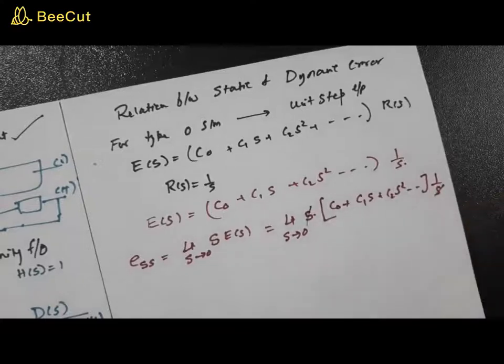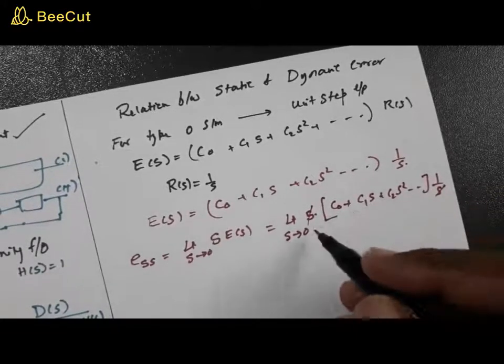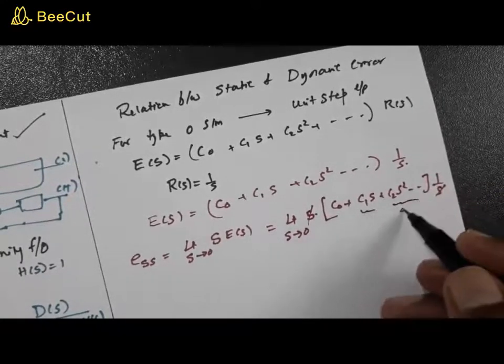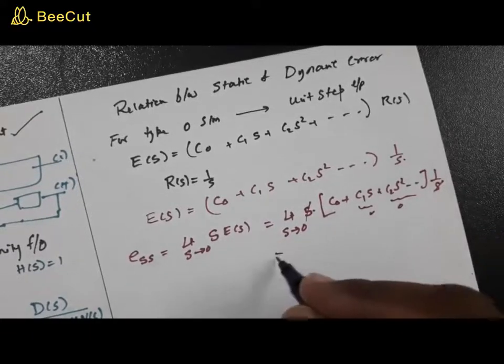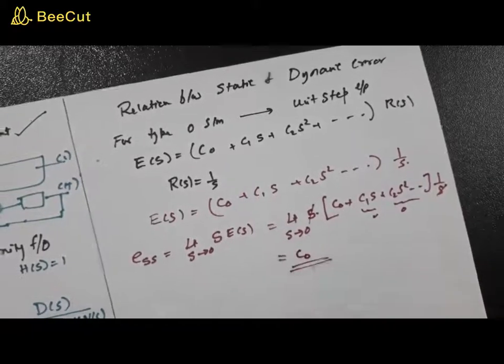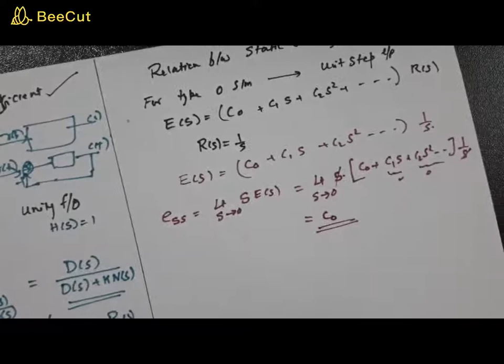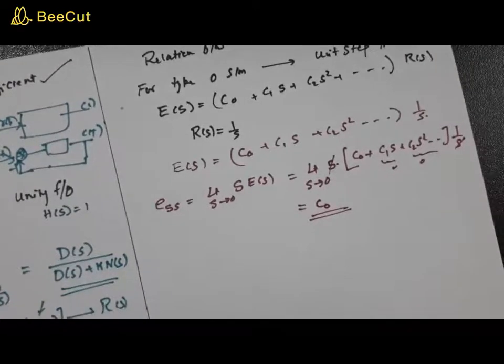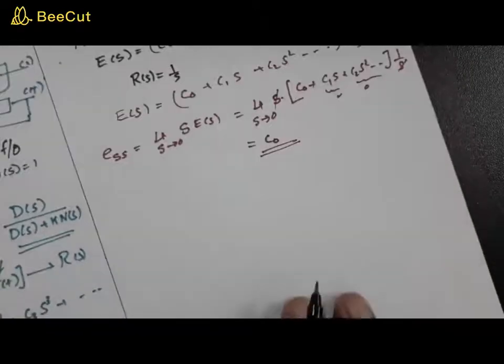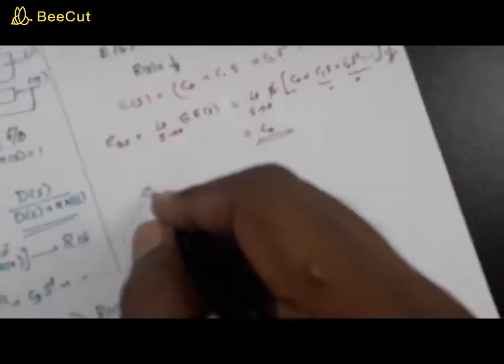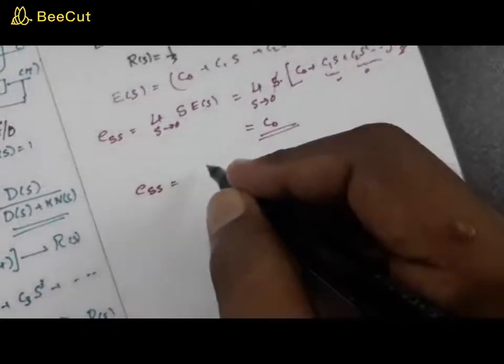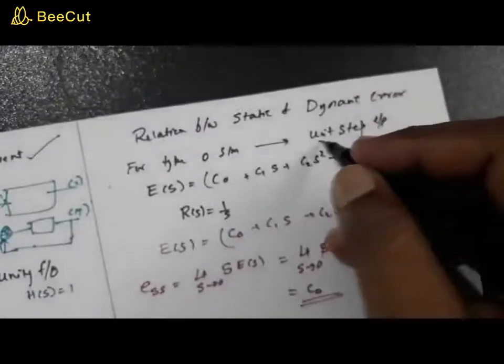This s and s get cancelled. Now when you apply s tends to 0, all these terms become equal to 0, leaving C0. Now from the static error coefficient, we have also seen ESS for a unit step input.